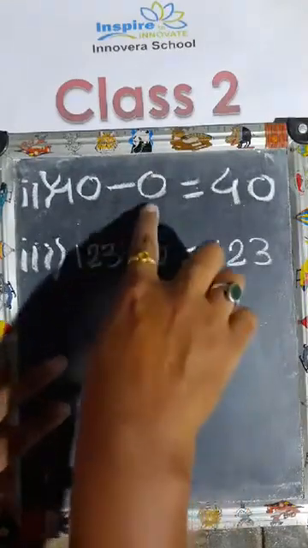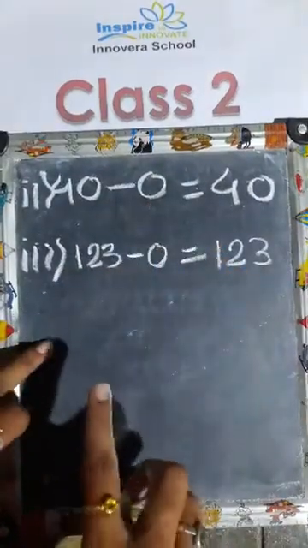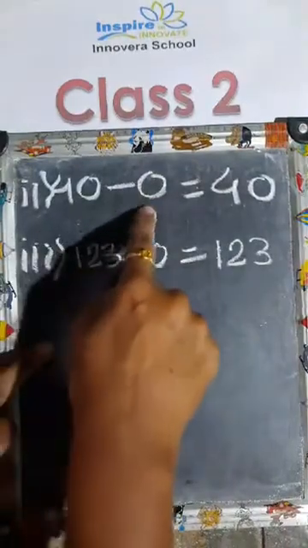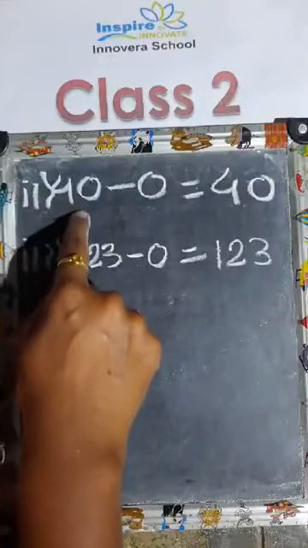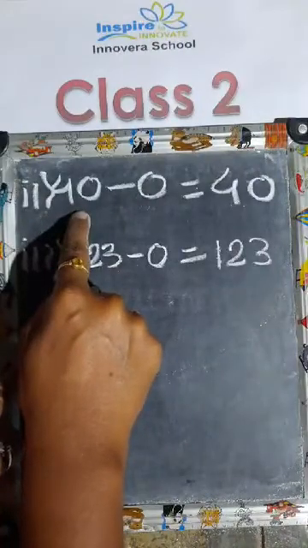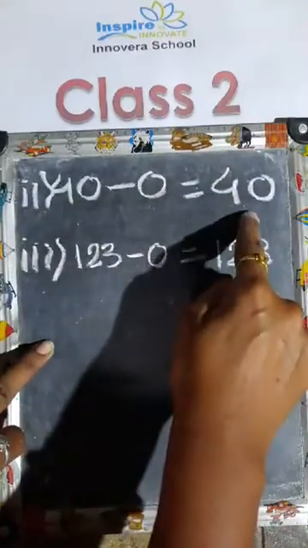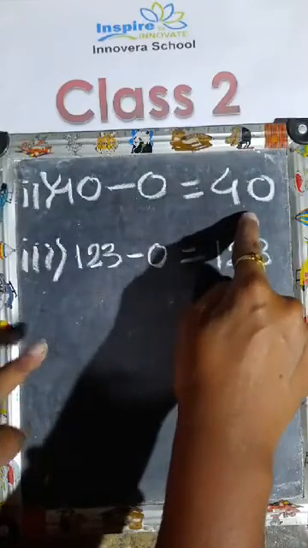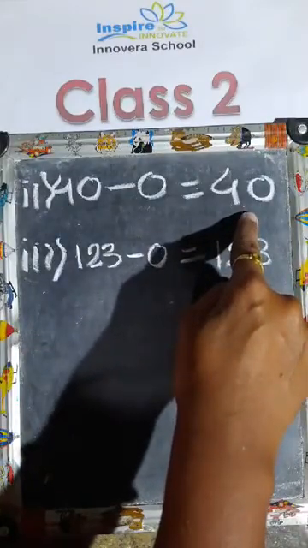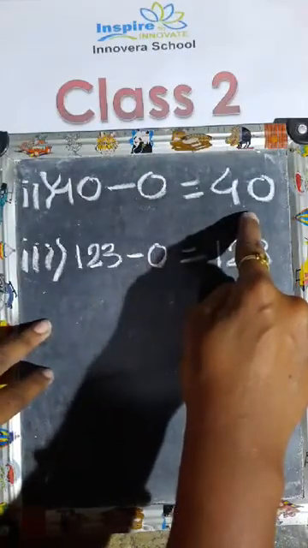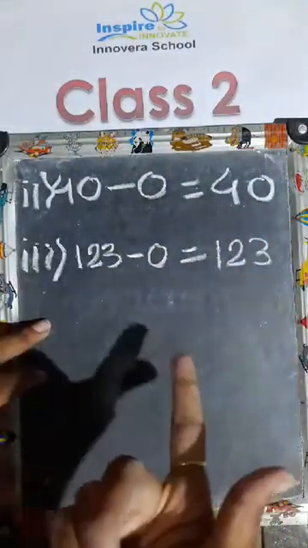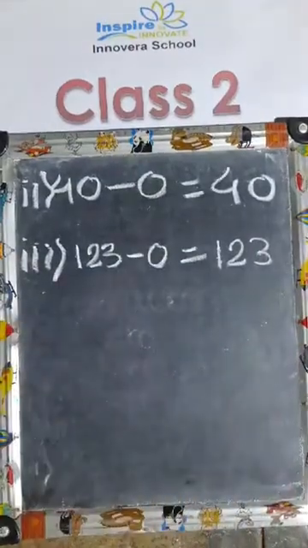This is the zero's property. We are studying about 0. When 0 is subtracted from any number, the difference is the number itself. We get the same number. In the same way we can take a 1-digit, 2-digit or 3-digit number.